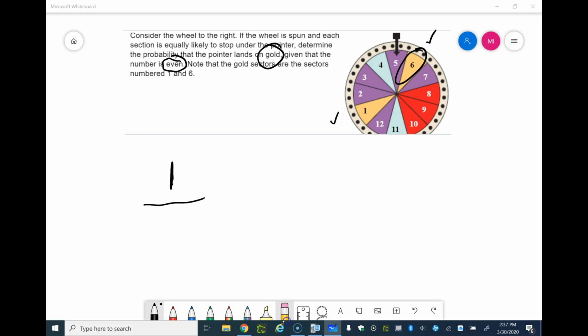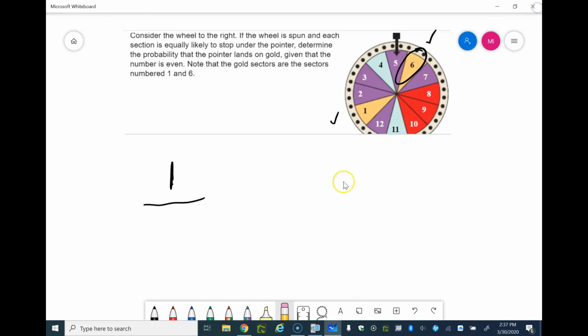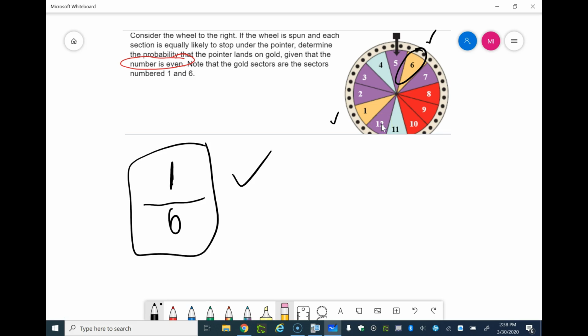Now for the back part, we just need to figure out the even numbers, and that goes on the bottom. Where are the even ones? 1, 2, 3, 4, 5, 6. That's going to be my answer for this one because it's already reduced. I hope that helps. Let me know if you have any questions with section 11.6.